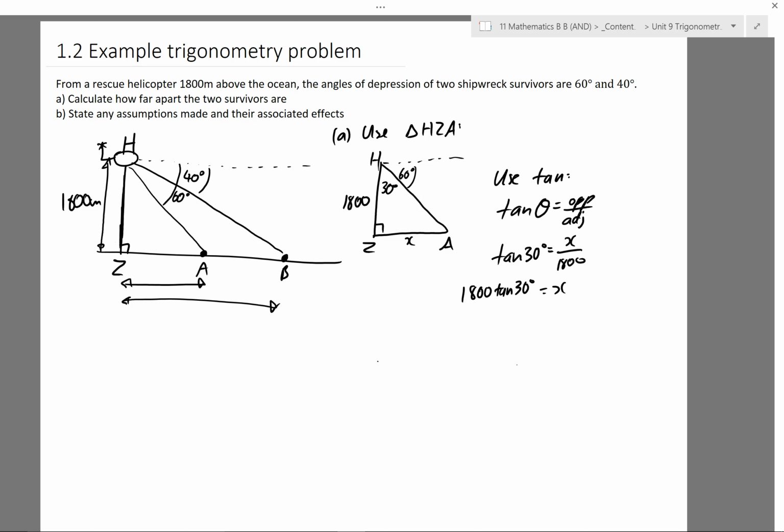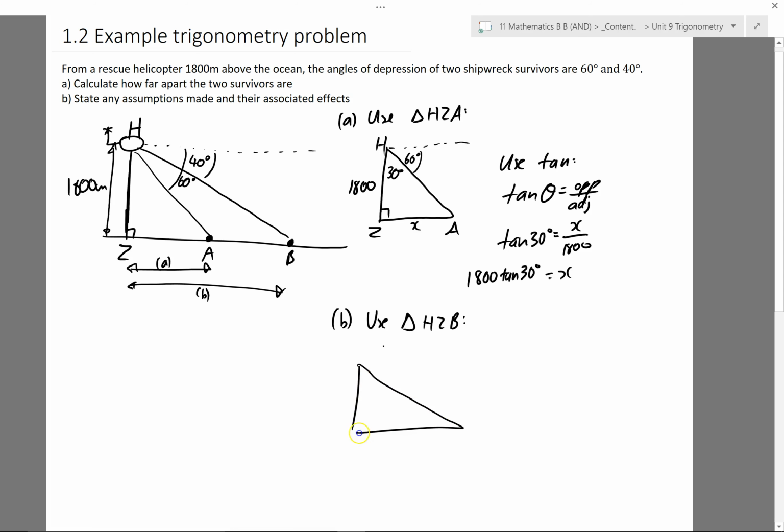I then need to find the distance from, so this is part A done, and then part B, I'll find the distance from Z to B. So I'm going to use the triangle HZB. Okay, again, draw it separate.